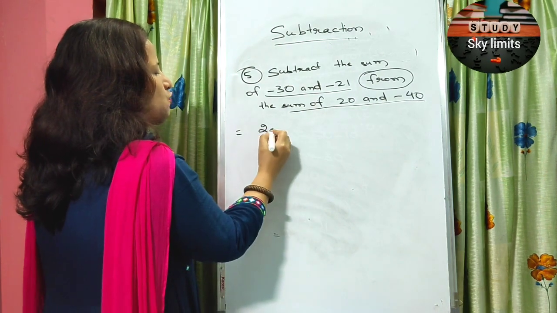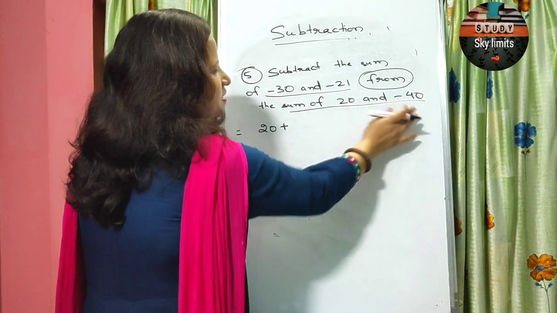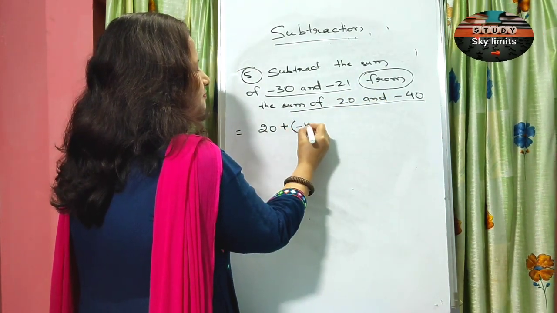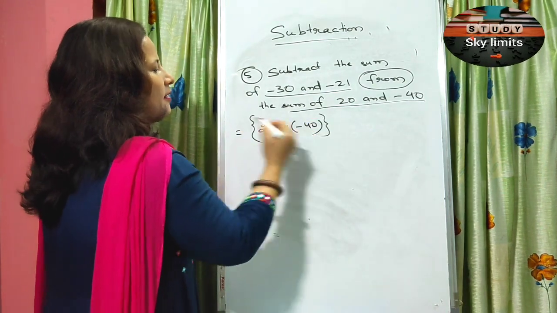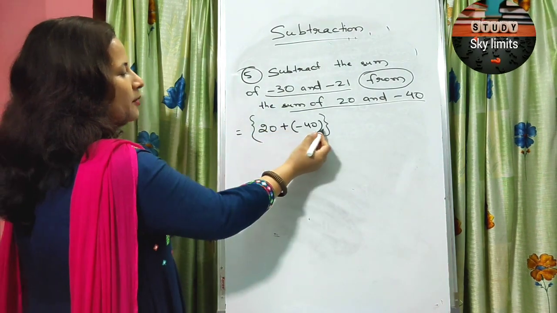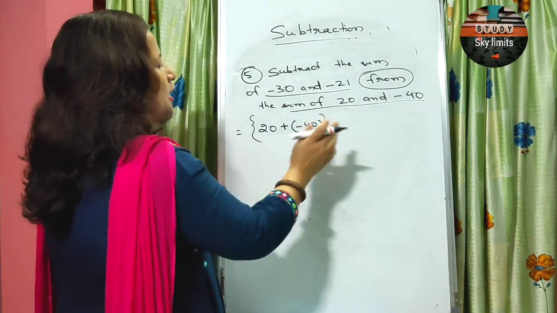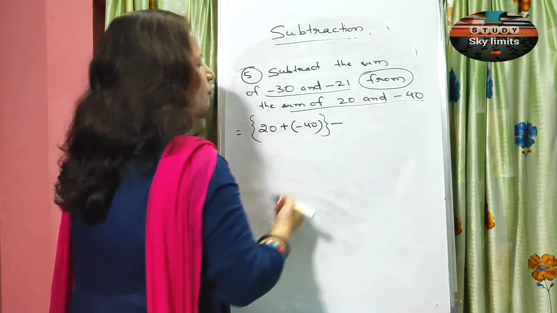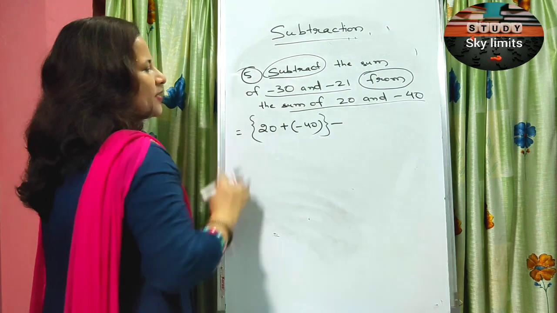That means 20 plus, since it is the sum of these two. So 20 added to minus 40. This will be your minuend. Clear? Since you are putting a common bracket here, we can use a curly bracket for the other purpose. So now 20 plus, in the bracket, you have minus 40, followed by a minus sign because you are going to subtract.